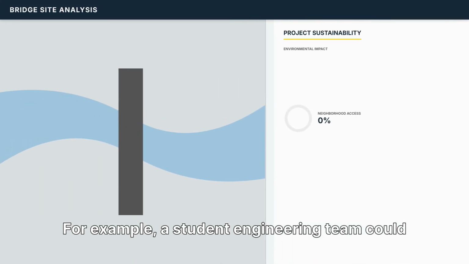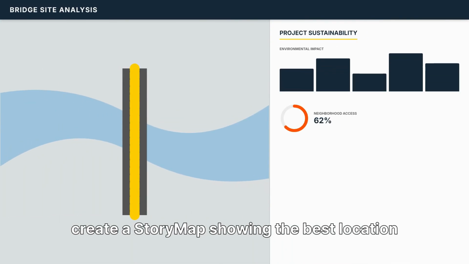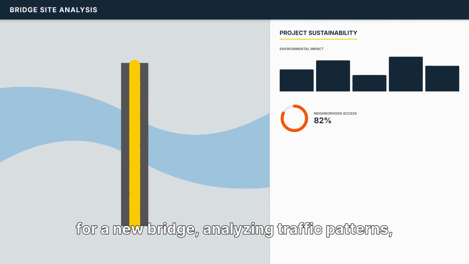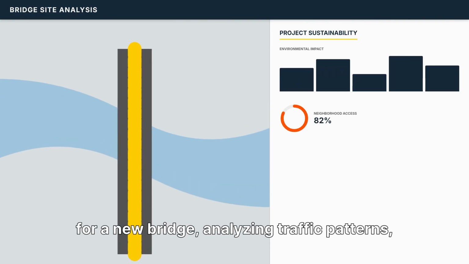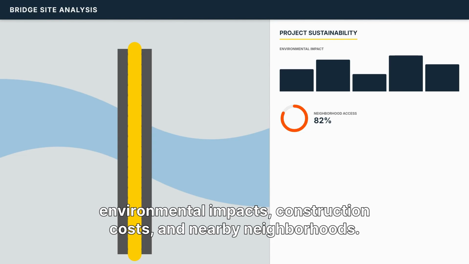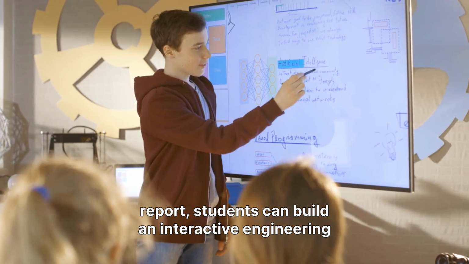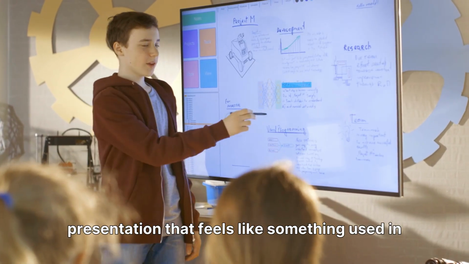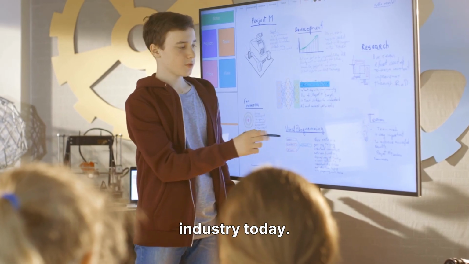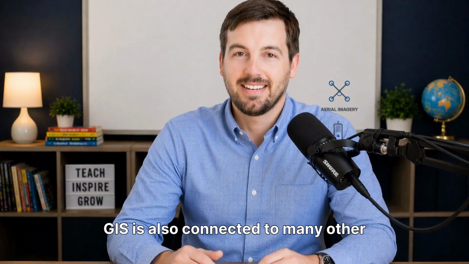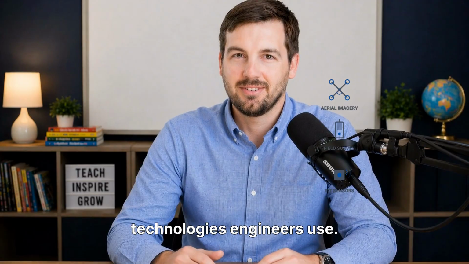For example, a student engineering team could create a story map showing the best location for a new bridge, analyzing traffic patterns, environmental impacts, construction costs, and nearby neighborhoods. Instead of turning in a simple paper report, students can build an interactive engineering presentation that feels like something used in industry today.